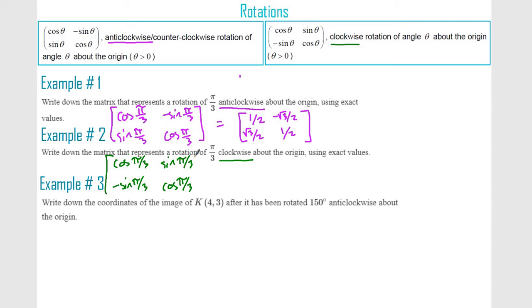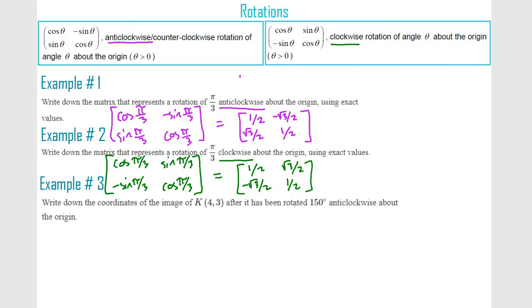This is again how I'm just showing my work. You know the drill. Okay, so cosine pi over 3, we just did all this. 1/2, then this is going to be -√3/2, and positive √3/2, and 1/2. There you have it.